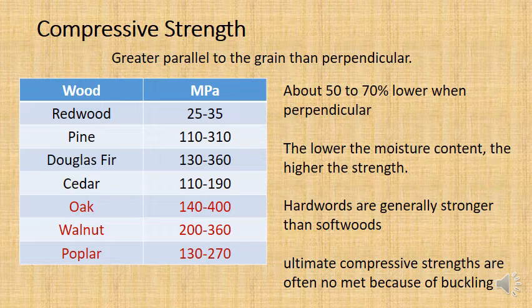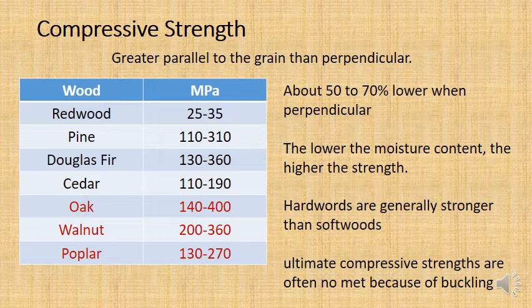Now, just like tensile strength, it is stronger if the compressive load is parallel with the wood fibers, with the grain, than if it is perpendicular. But it doesn't reduce the strength quite as much. So remember, with tensile strength, if you went perpendicular rather than parallel, you would only get maybe 5% of the strength available.